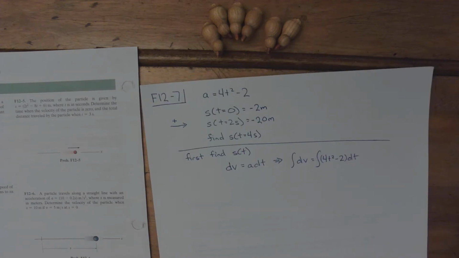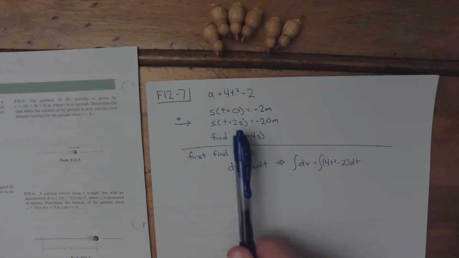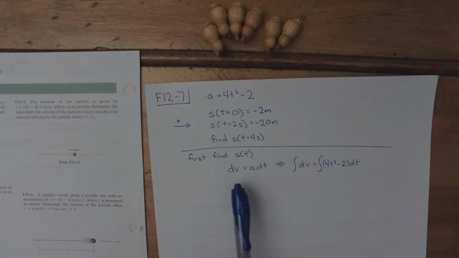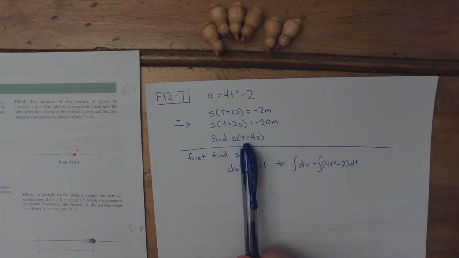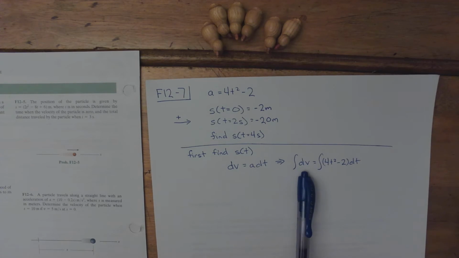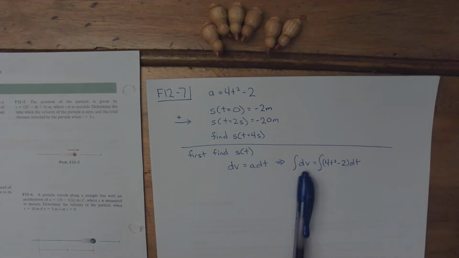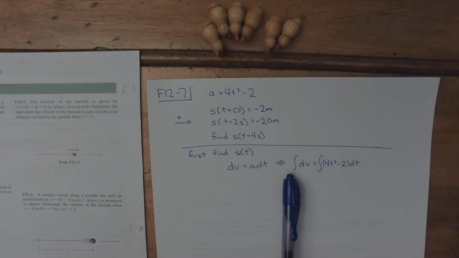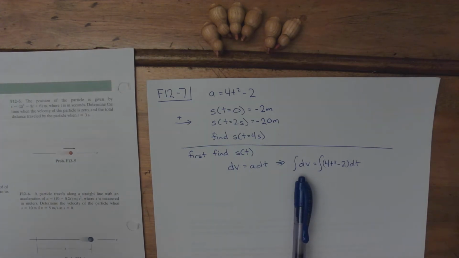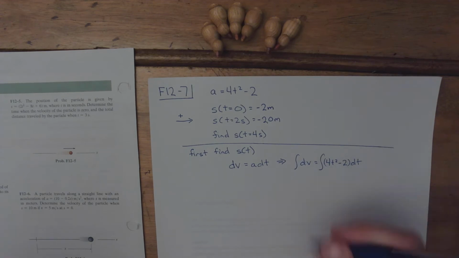Now, we have acceleration. We're looking for position. When I integrate, I'm looking for position as a function of time, but first I want to get velocity as a function of time. So I don't want to actually put in a value for my upper limit of integration because I want the velocity as a function of time.